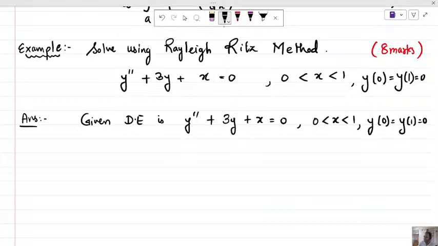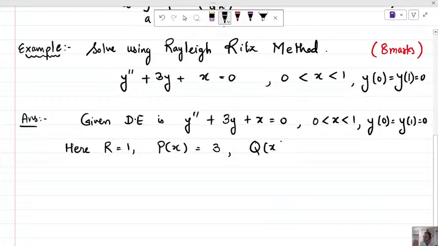We use the formula directly and we mention what is r, what is p. Here r is 1, p of x is equal to plus 3, q of x is equal to x, and a is 0, b is 1.